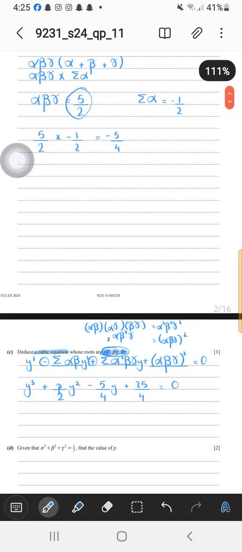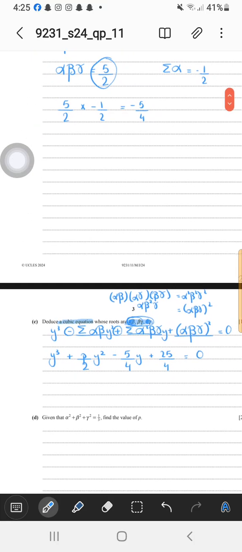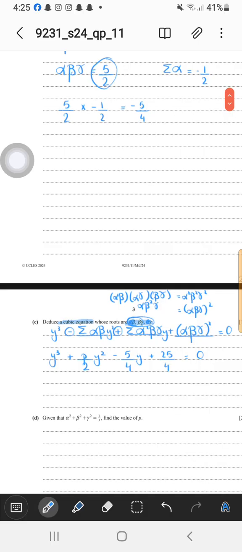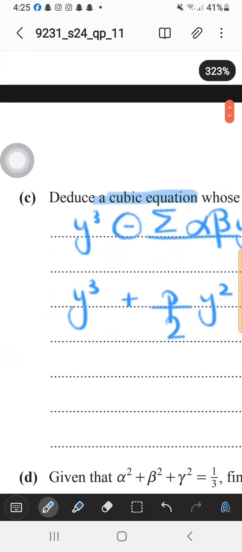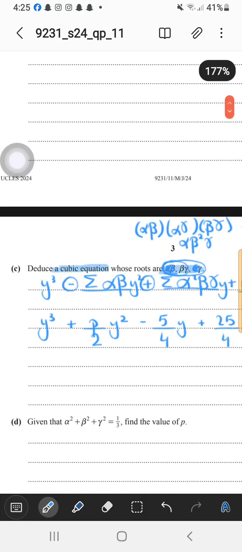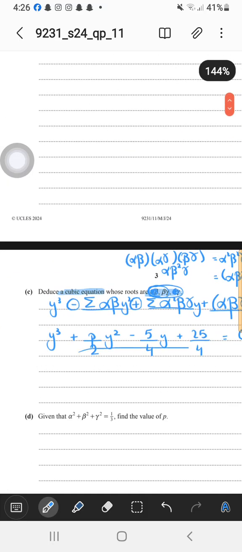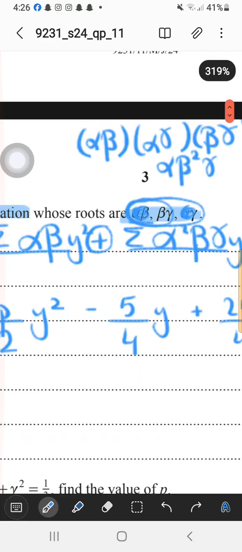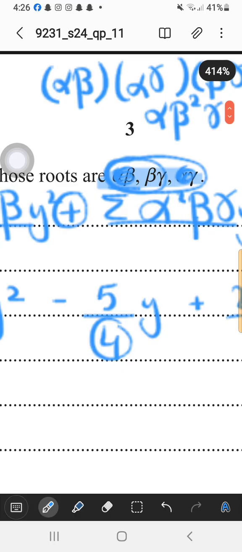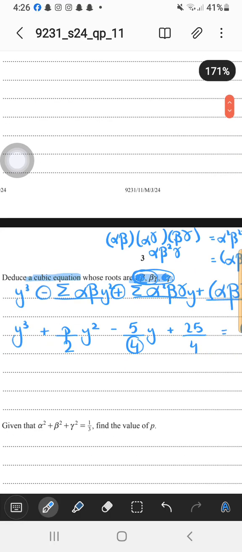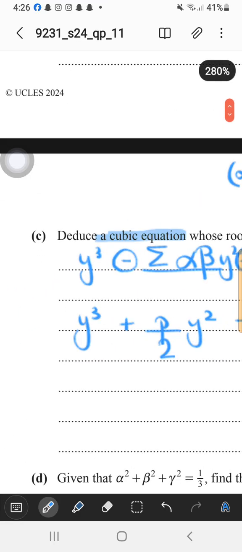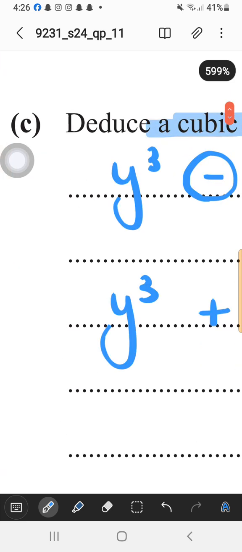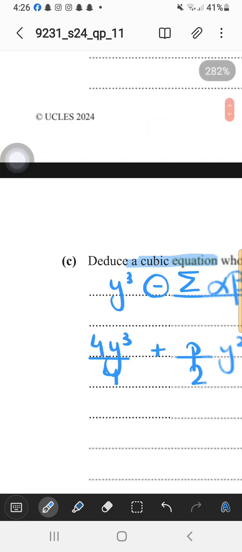Now simplify this equation by removing these denominators. Okay, how can we do it? Our highest denominator is 4, so we will multiply by 4 here, divide by 4 here, so there will be no problem.